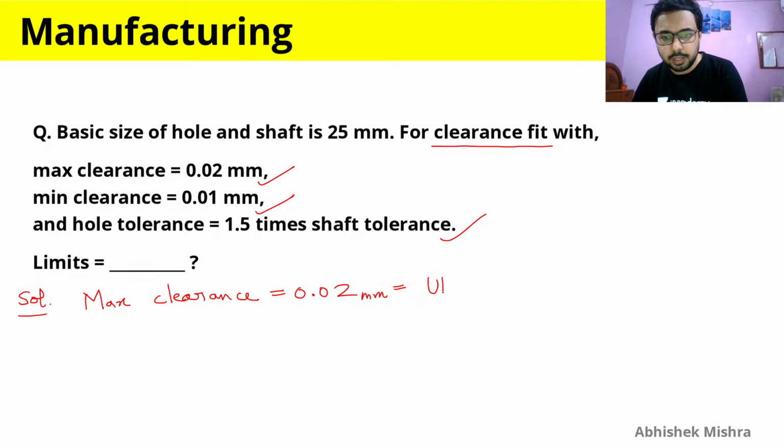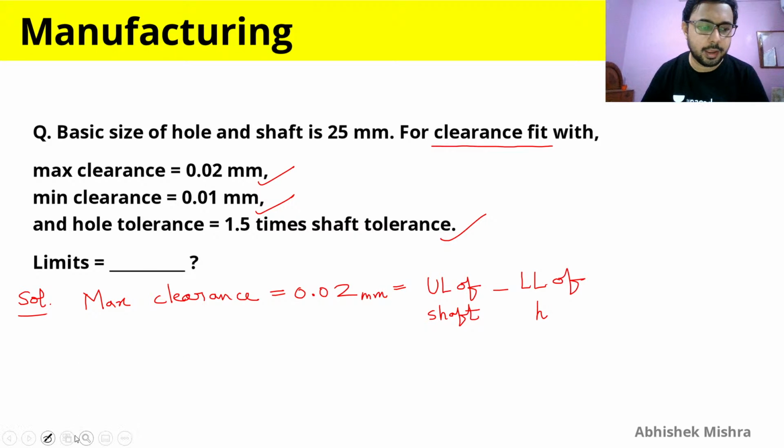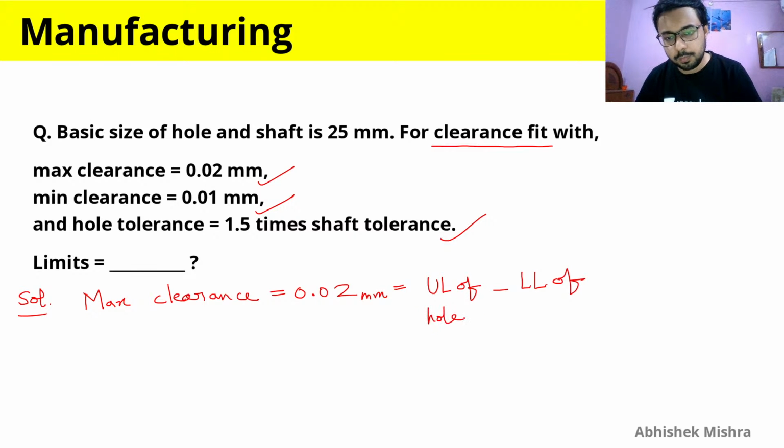And what is maximum clearance? It is the upper limit of hole minus lower limit of shaft. Oh sorry, I have made a mistake here. So this is the maximum clearance value that is given.